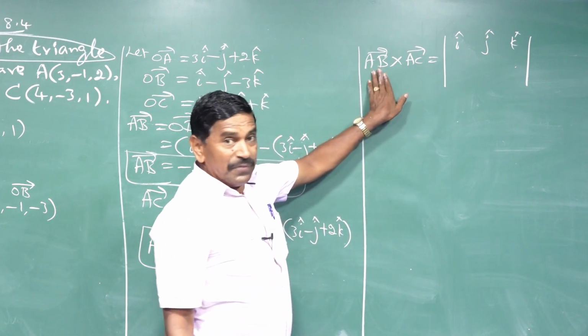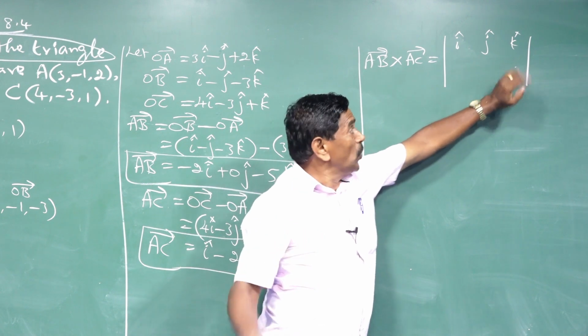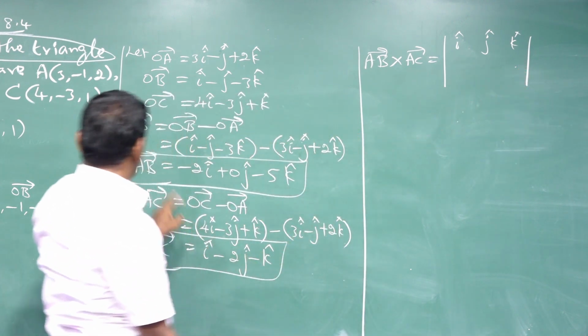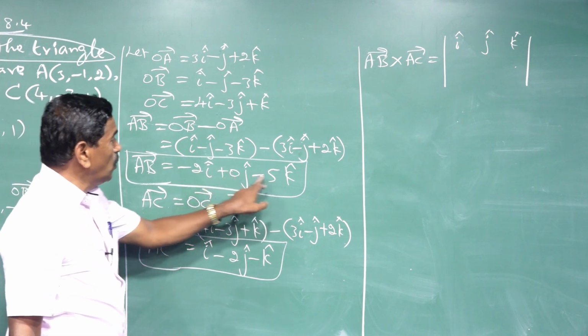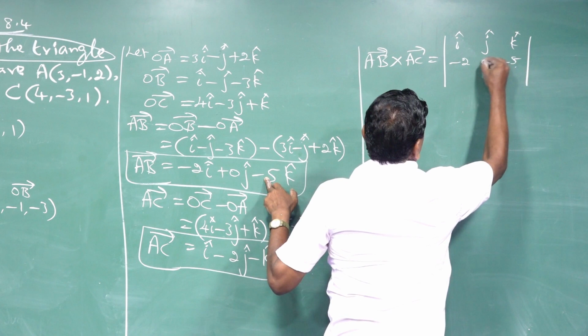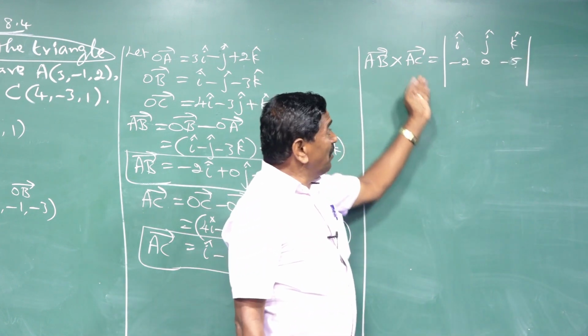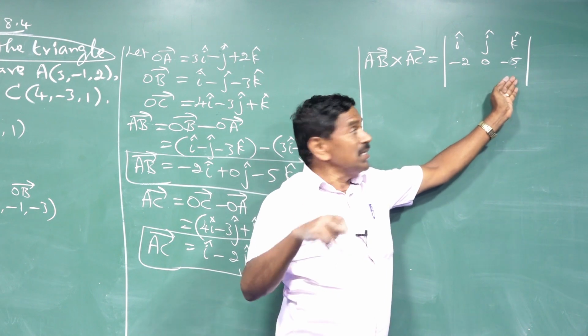Now, AB vector first. AB vector coefficients go in the second row: minus 2, 0, minus 5. Next, AC vector coefficients go in the third row.